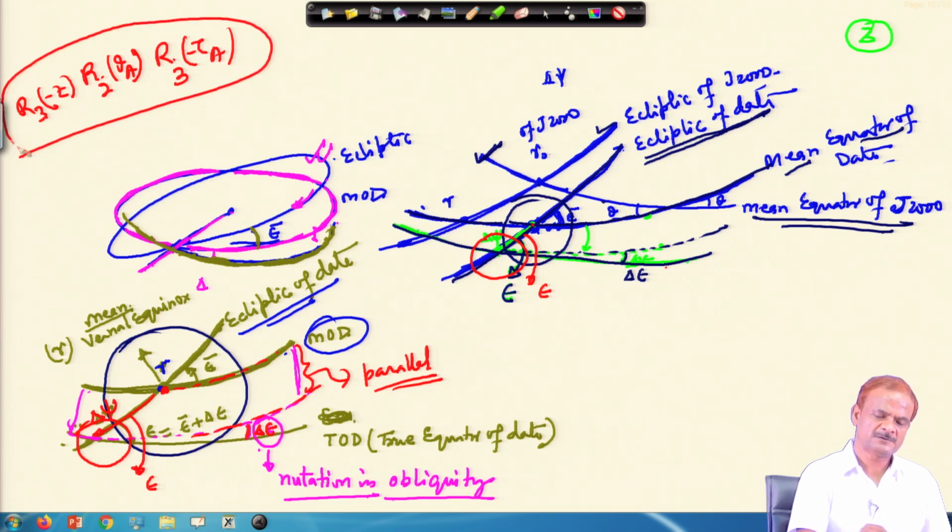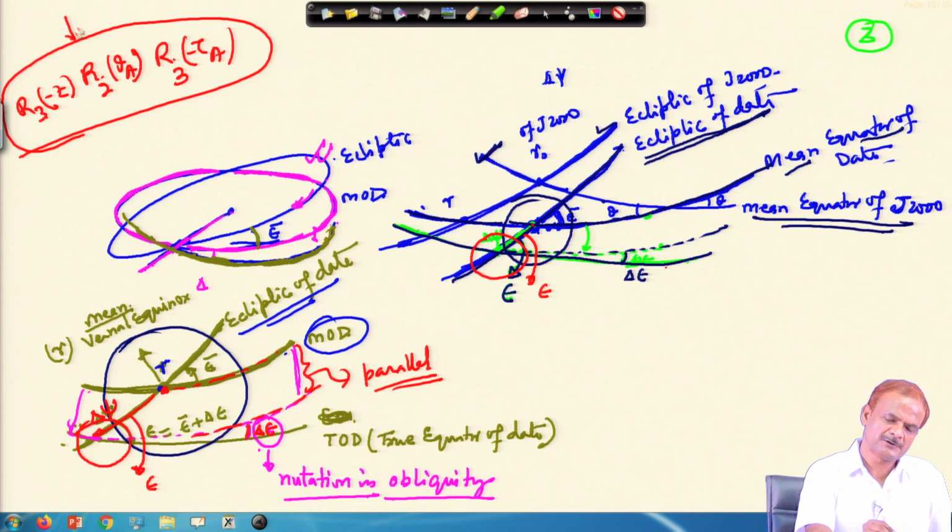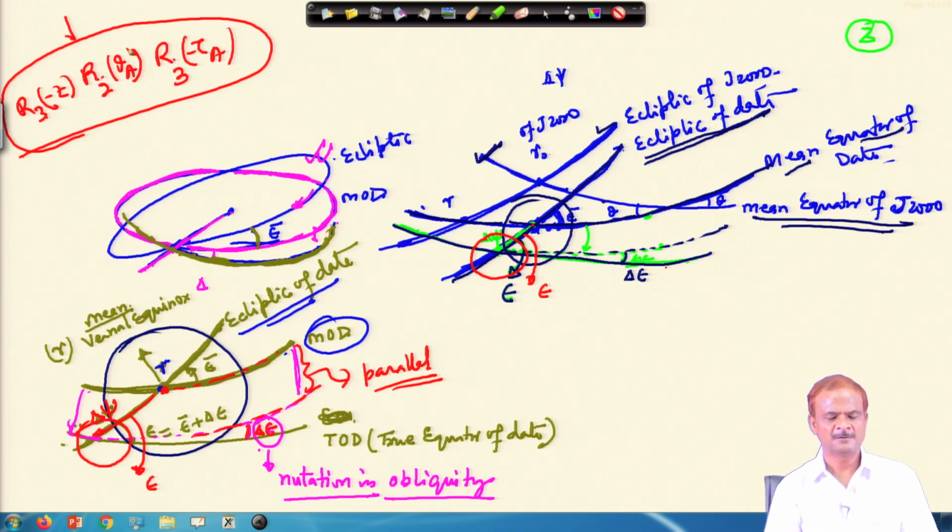So, this is the actual thing; whatever was written in pen on the paper does not correspond to this. That was just symbolic, but here the correct sequence with signs is given.